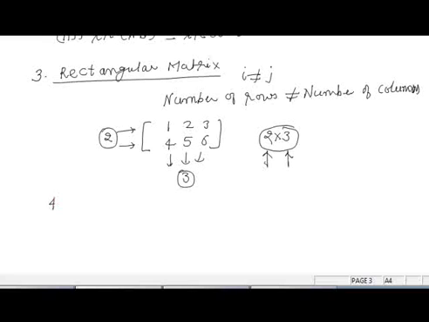The fourth type of matrix is called the diagonal matrix. It is nothing but a square matrix in which all the elements are zero except the diagonal elements.